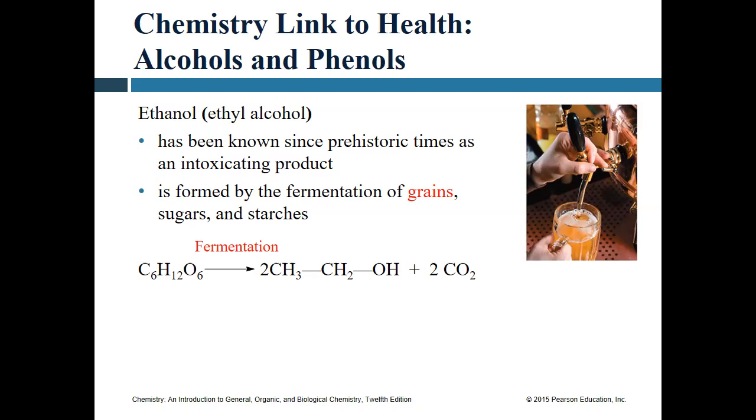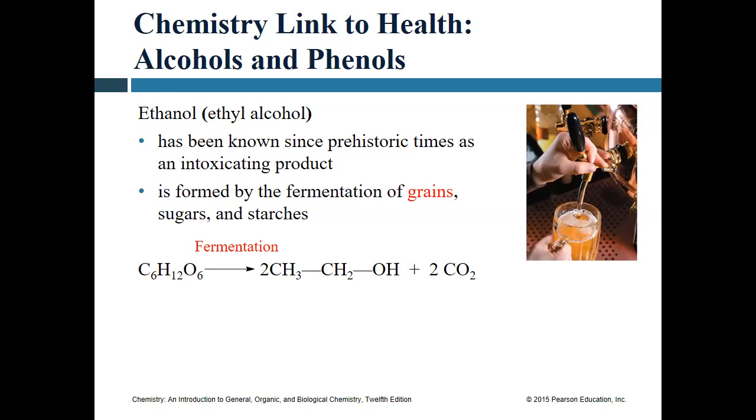But the sources of the sugar are what give us the different kinds of alcohols and spirits that come from those. So if you're talking about different kinds of juices, the fruit aspects of those usually end up turning it into a wine of sorts.